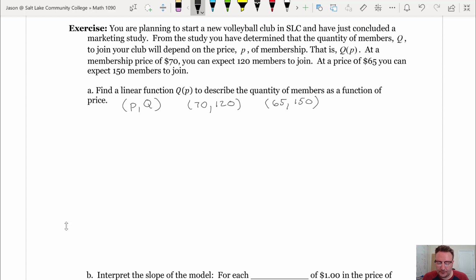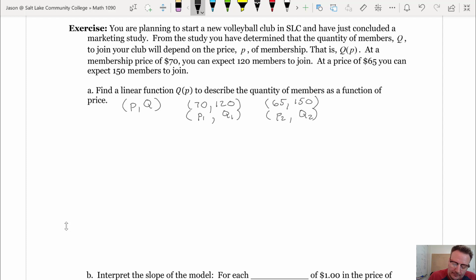Okay. I'm going to call this point 1, so this will be P1, this will be Q1, and this will be point 2, so this will be P2 and Q2. Okay, and the first thing I want to do is get the rate of change between these 2 points.